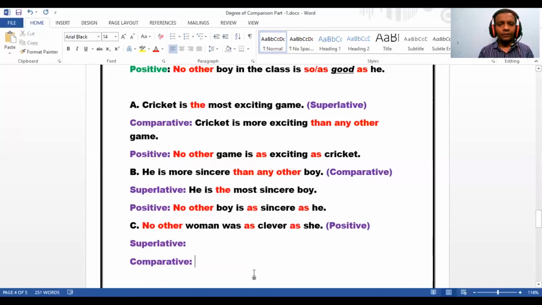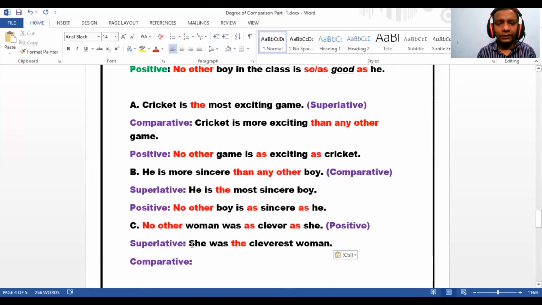So number C, look at the sentence: No other woman was as clever as she. Here we have at first found no other. So obviously this is a positive sentence. So in order to make it superlative, at first we have to write the subject. So where is the subject? Subject is in the last part, as she. So we have to write at first she, and verb is was. So she was the cleverest woman.